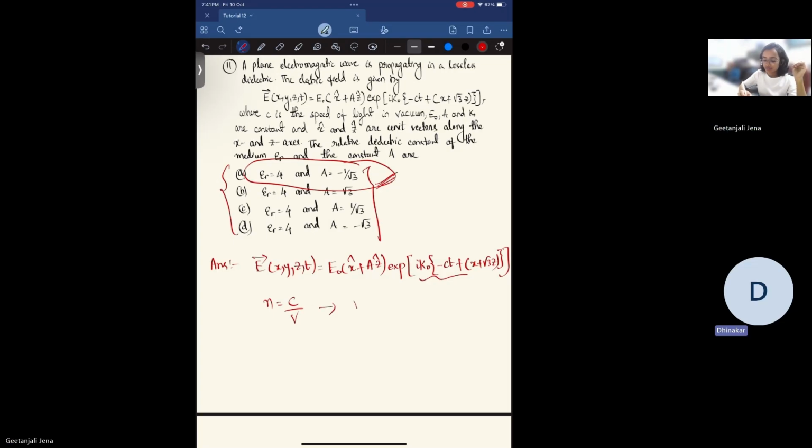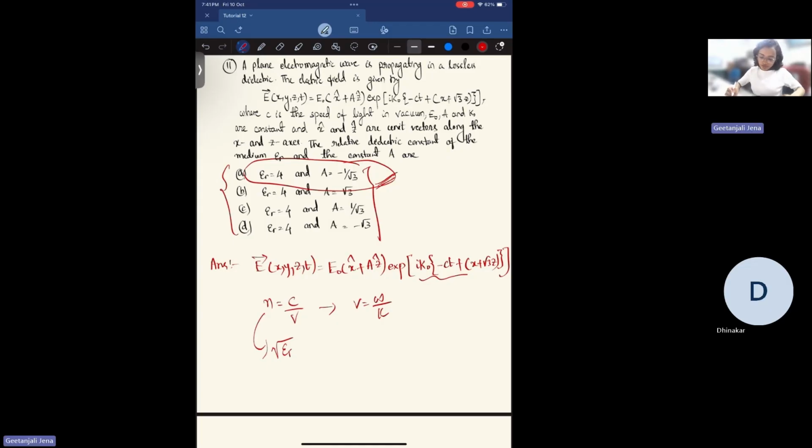K is known already, so we would be able to find V and then the refractive index. The refractive index is related to the dielectric constant: N is equal to root of epsilon mu naught. For a non-magnetic material, it is the square root of epsilon r. Okay. Yes.